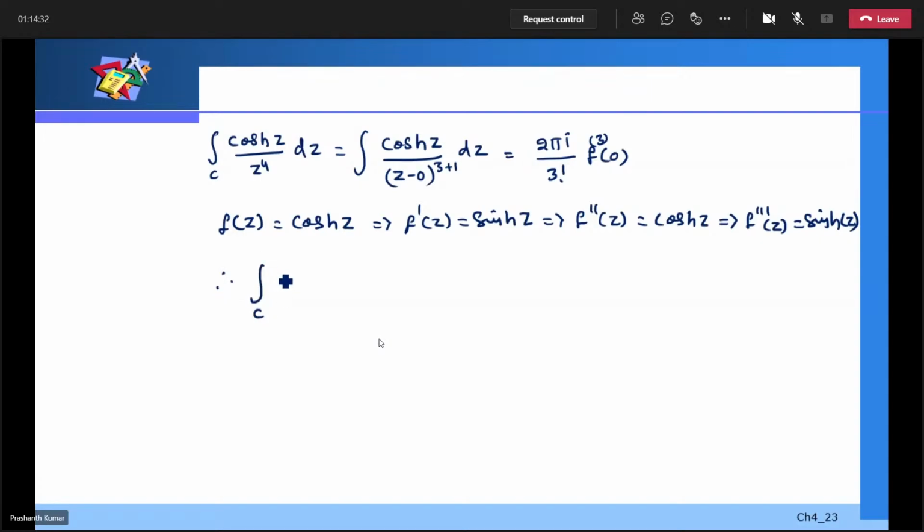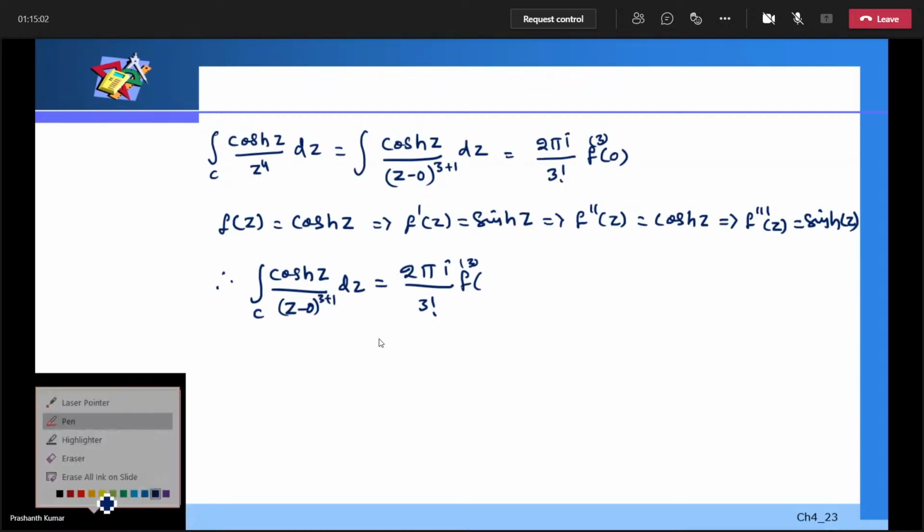So therefore the integral over C of cos hz by z minus 0 whole to the power of 3 plus 1 dz is equal to 2 pi i by 3 factorial into the third derivative.